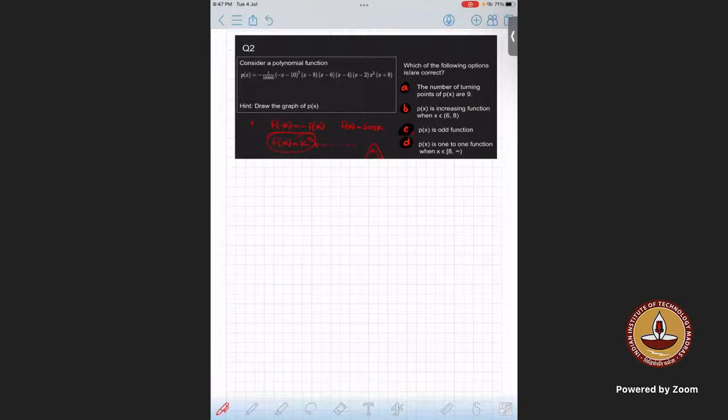Like you find a big equation like this: 1 by 1, minus x minus 10 whole square, x minus 8 whole square, x minus 6, x minus 4, x minus 2, x square into x plus 9.